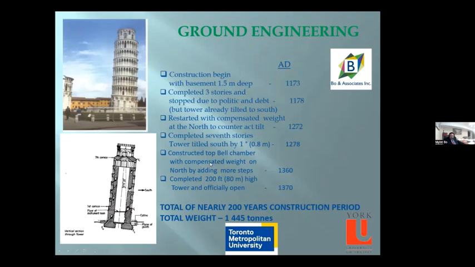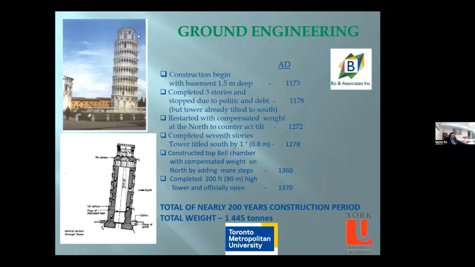Then after another nearly 80 years, they constructed this top bell chamber, with compensating weight on the north by adding more steps, in 1360. This 200-feet-high tower, with a weight of about 1,445 tons, was completed and officially opened in 1317.